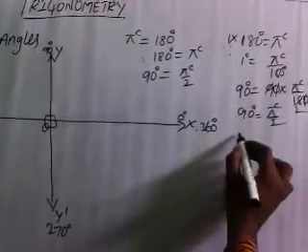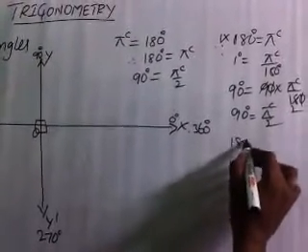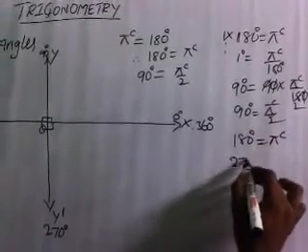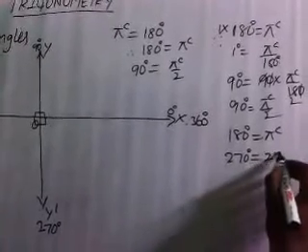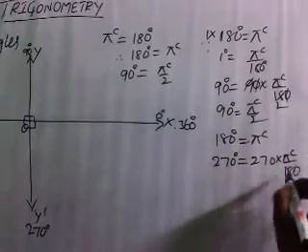Similarly, 180 degrees is equal to pi radians. 270 degrees is equal to 270 into pi radians by 180.